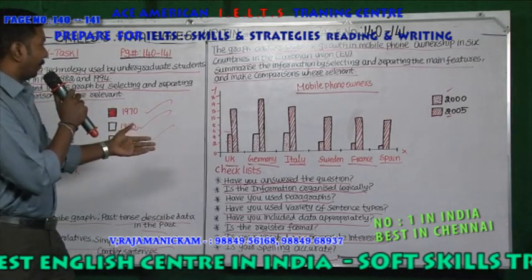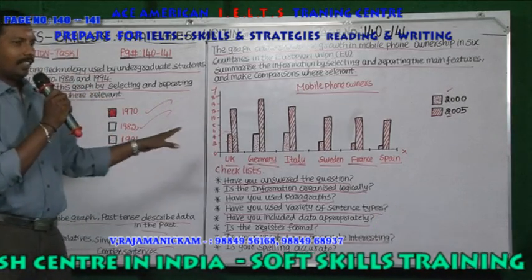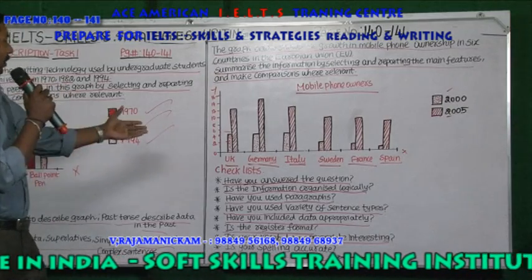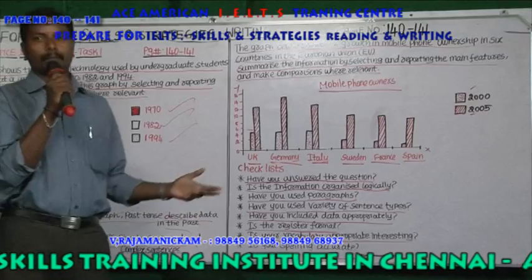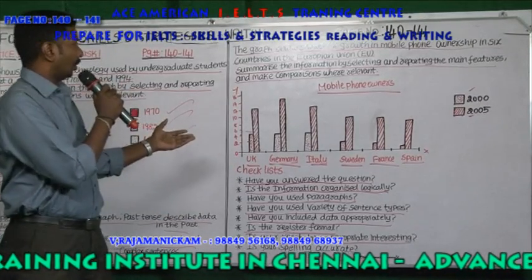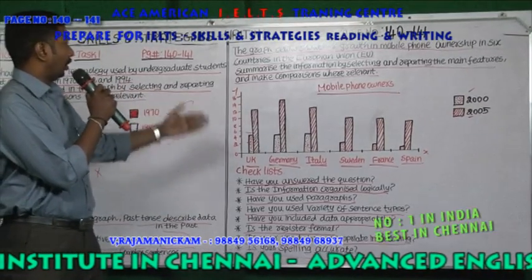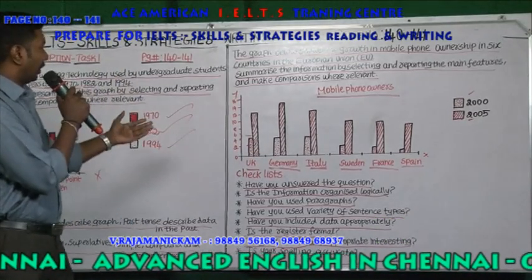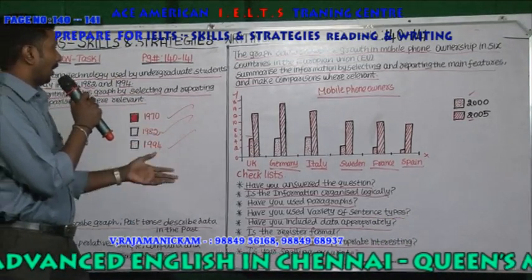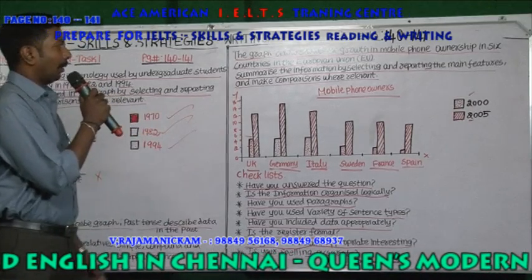One, UK in 2000: approximately 4 million people, and in 2005 the growth is 12 to 13 million people. Germany: 5 million people in 2000 and 15 million people in 2005.